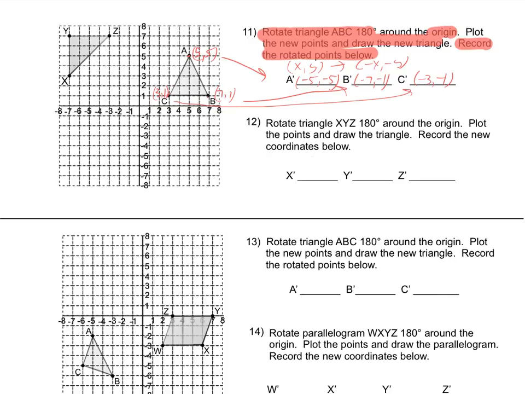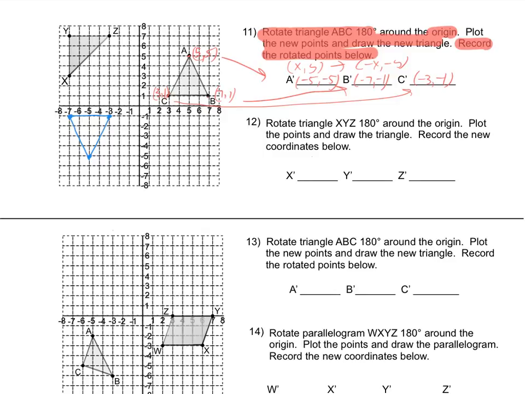So after we do those points, we're going to go ahead and plot that 180-degree rotation. The first one, A, is -5, -5, which would be right here. And then B prime will be -7, -1, which is right here. And then we'll plot C, which is -3, -1, right here. And you're going to connect your dots. Do not assume that you know exactly where this is going to be.